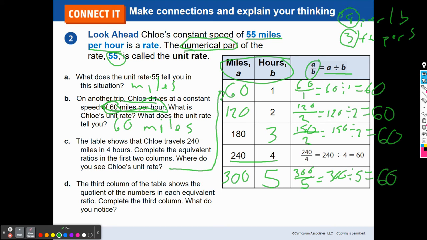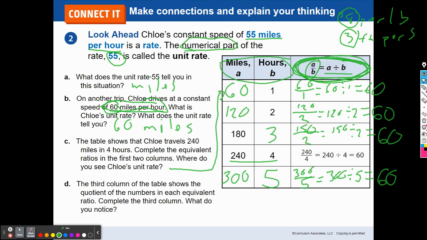I notice that the quotient in each equivalent ratio is the same. That's what I notice. All right. So when I find the quotient in each equivalent ratio, found the quotient of 60 to 1, found the quotient of 120 to 2, found the quotient of 180 to 3.